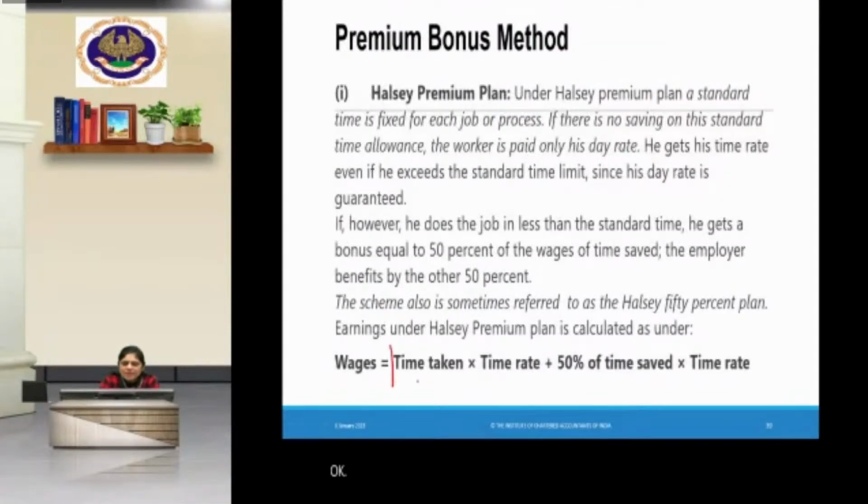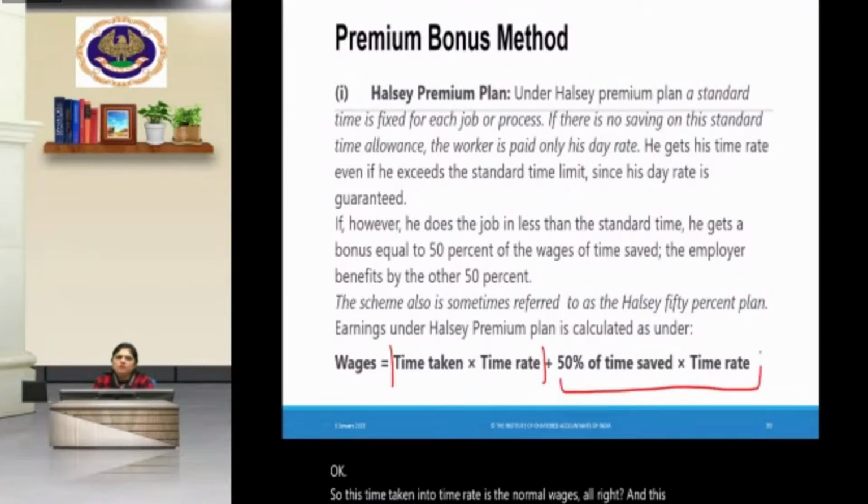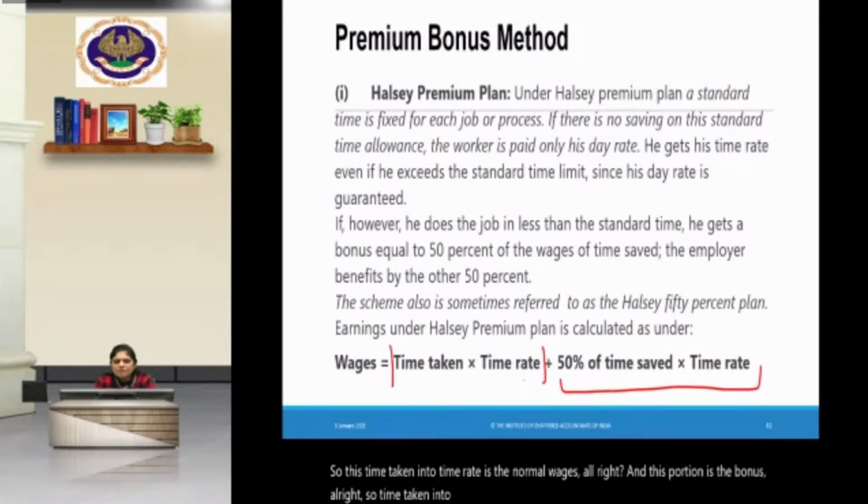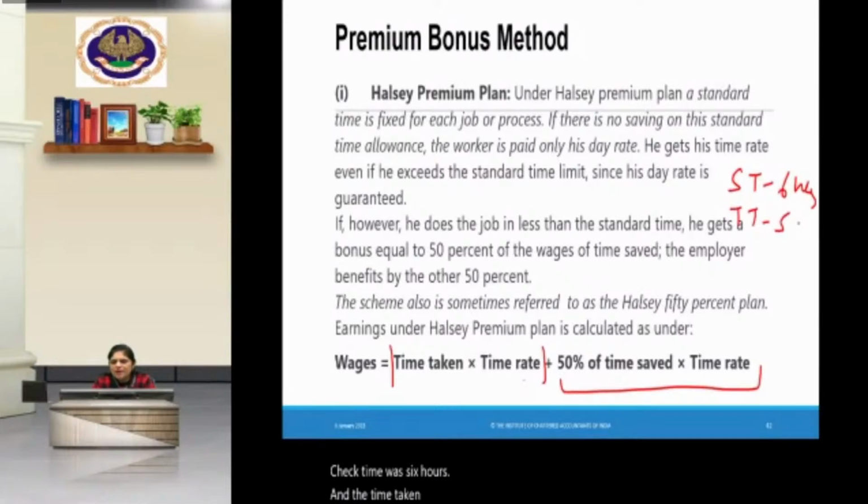So this time taken into time rate is the normal wages. And this portion is the bonus. If I take an example, the standard time was 6 hours and the time taken was 5 hours.